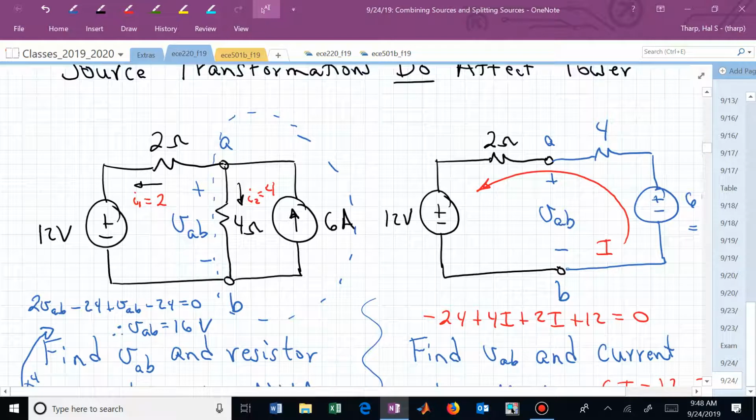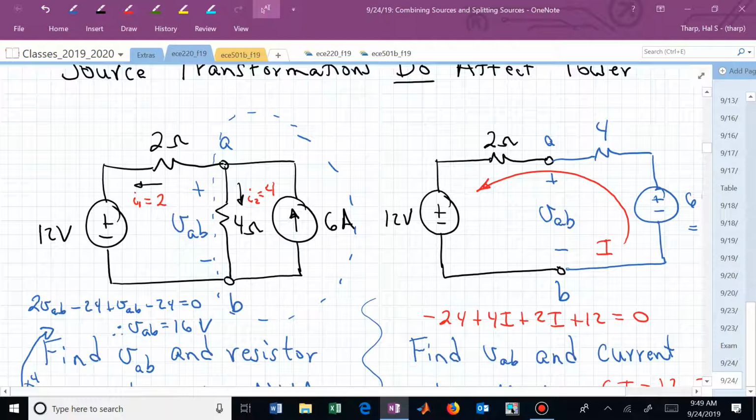Do we have it? What's the voltage across that current source? Is that current source in parallel with anything? And do we know what that parallel element's voltage is? We found it, didn't we? We found it to be VAB. And the polarity is from negative to positive, from bottom to top.